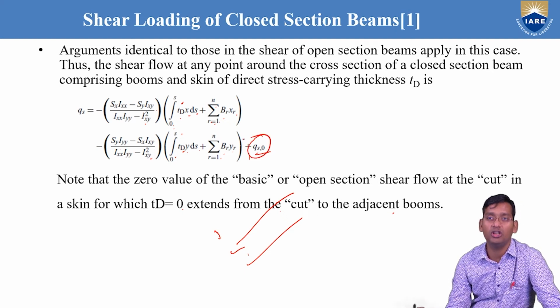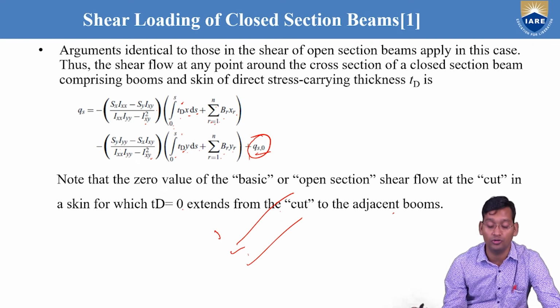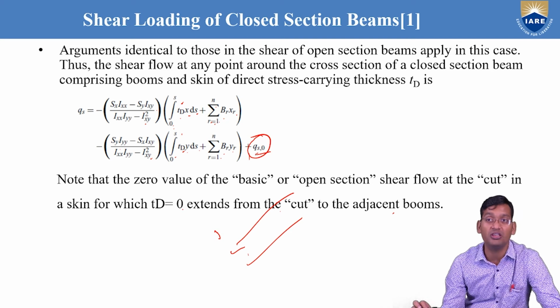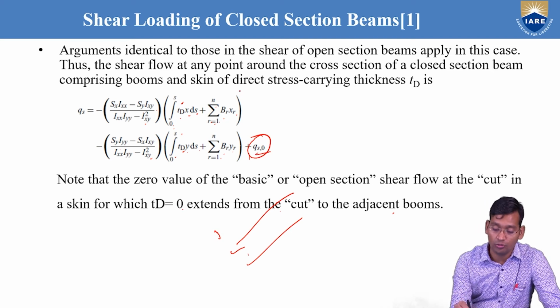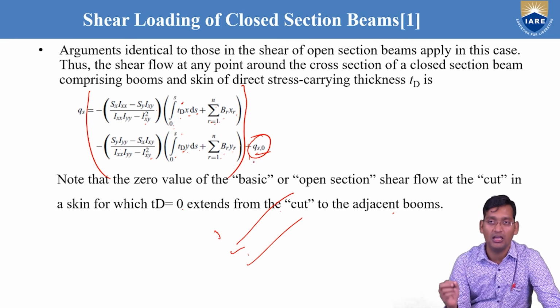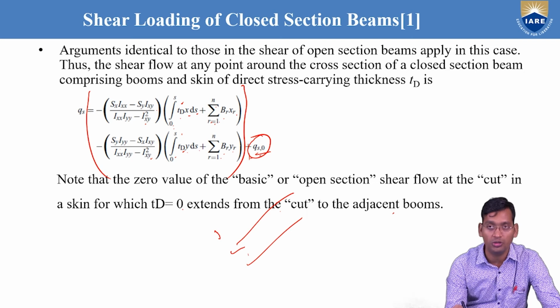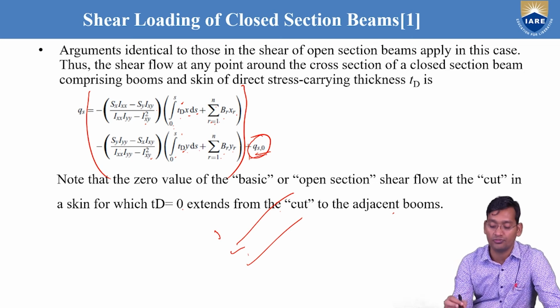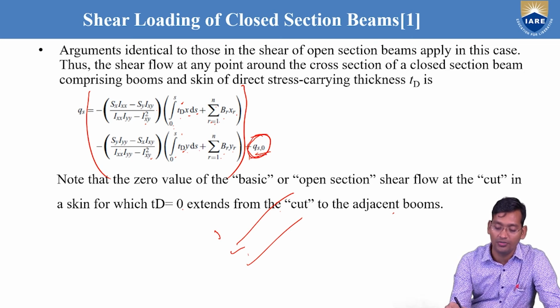Now just see this one term is there. With this one term only, it's different: qs,0, that s0 means at the surface when it's a closed one, right? So this whole thing will be for the open one. Once we close any section over the surface, the shear stress at 0 distance will also be there, that qs0.